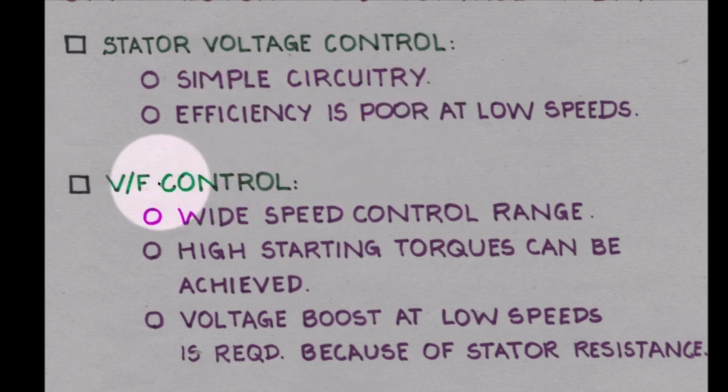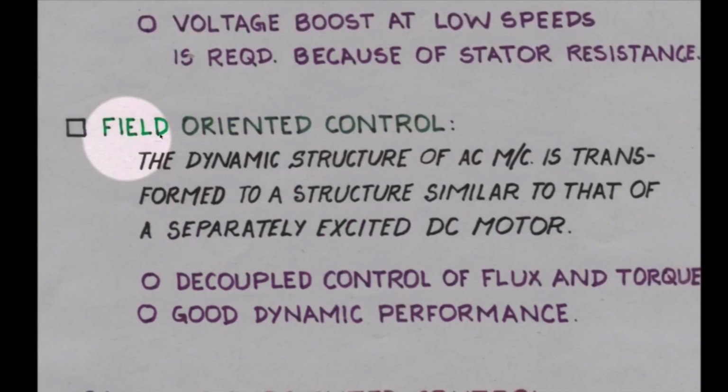The other, more popular method, the V by F control or the scalar control, achieves a much wider speed control range. It has a higher starting torque, and at low speeds you need to give a voltage boost because the stator resistance dominates at low speeds. The third and much more accurate method of speed control is called the field oriented control or the vector control.